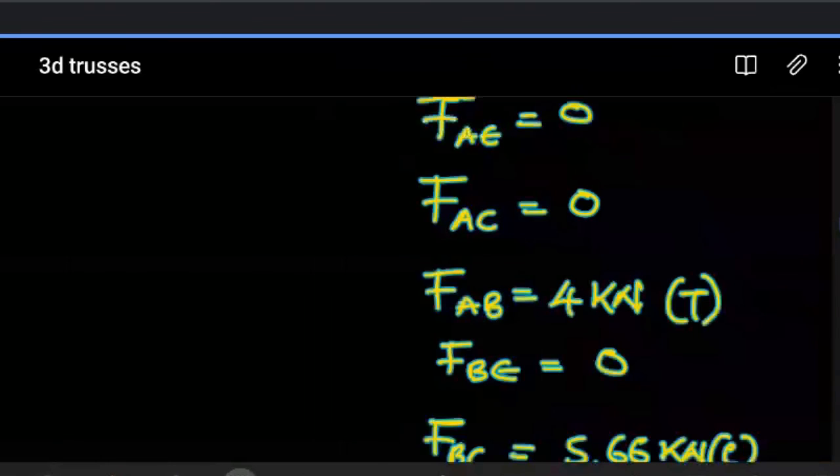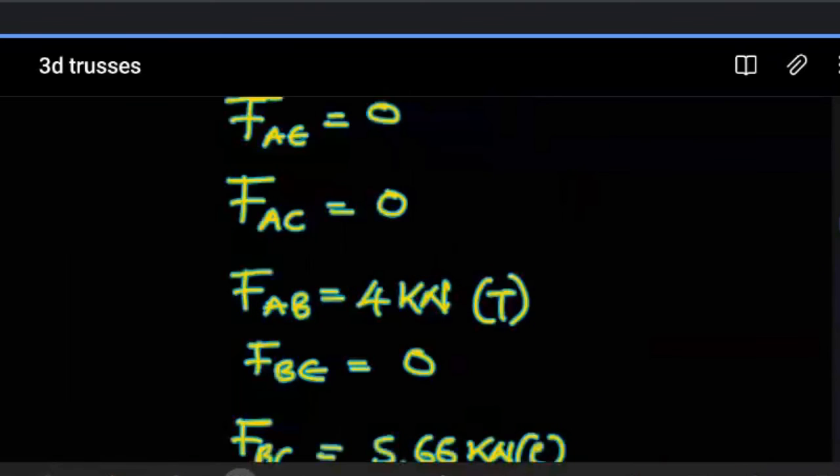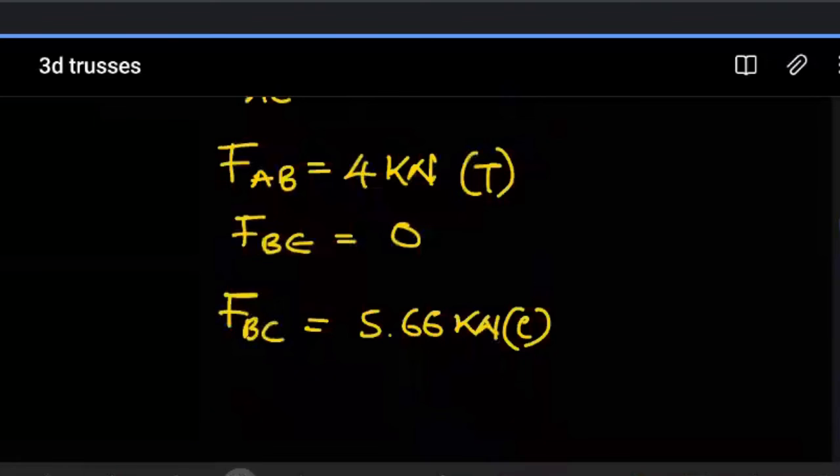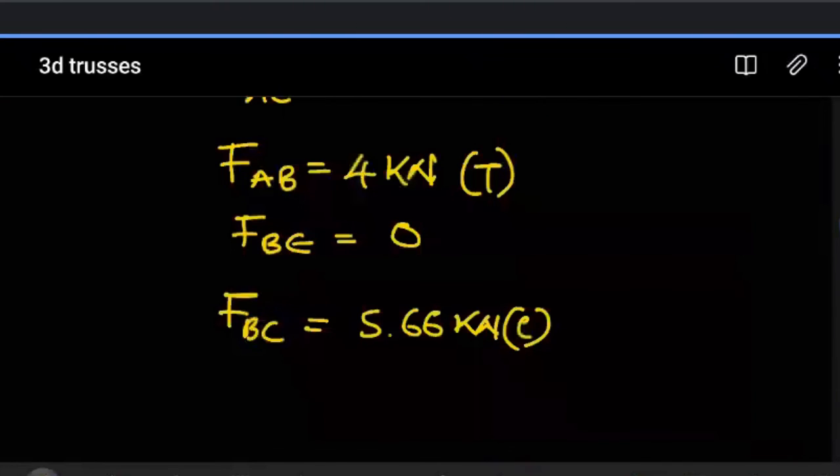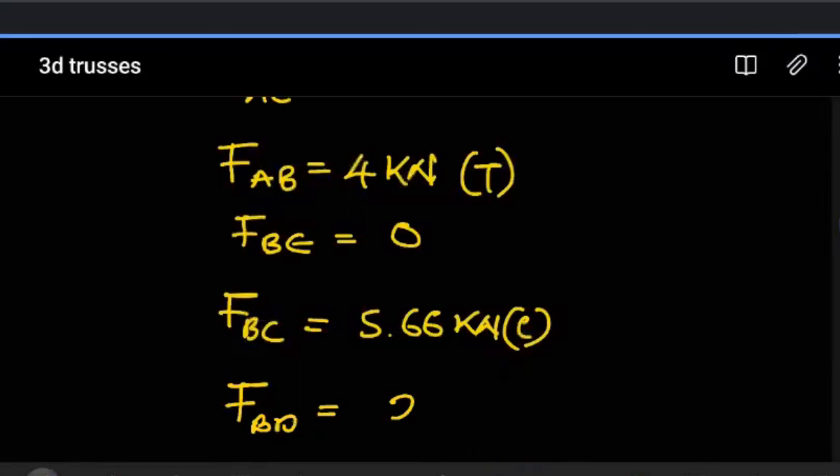So this is what we have. We have now found the last one. That was FBD, and we have found it to be 2 kilonewtons, and it was in tension.